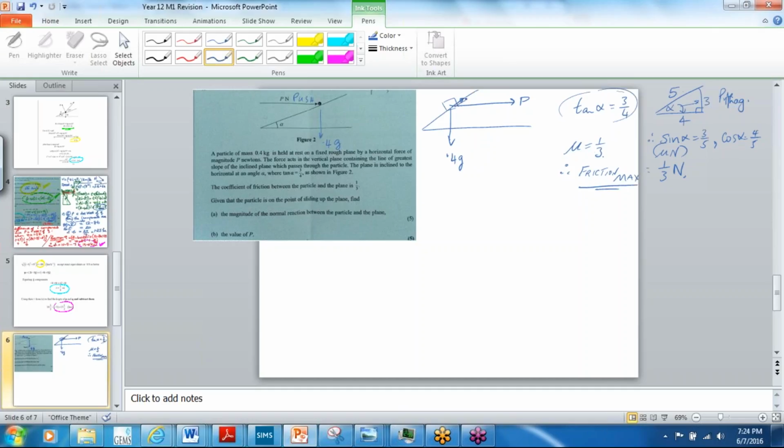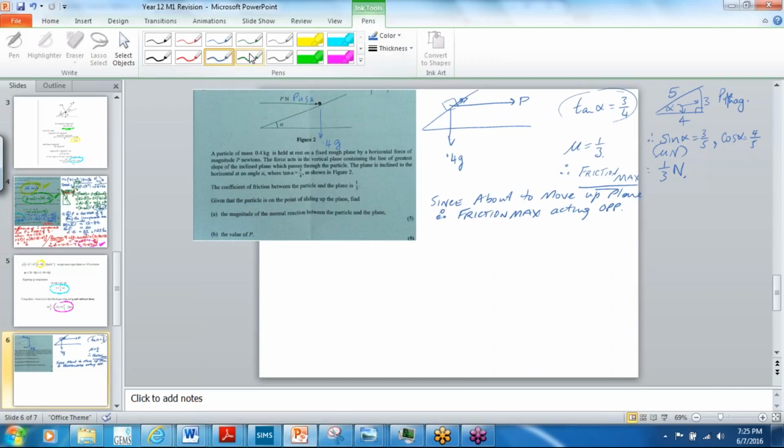It wants to move up the plane, since it is about to move up the plane, with any more force it will move. Therefore, we know that maximum friction will be acting in the opposite direction, and that is down the plane.